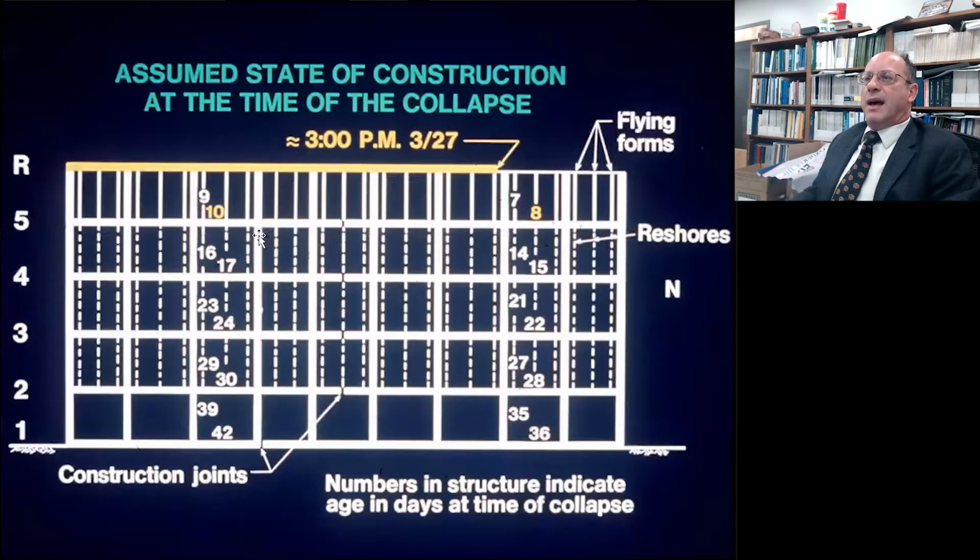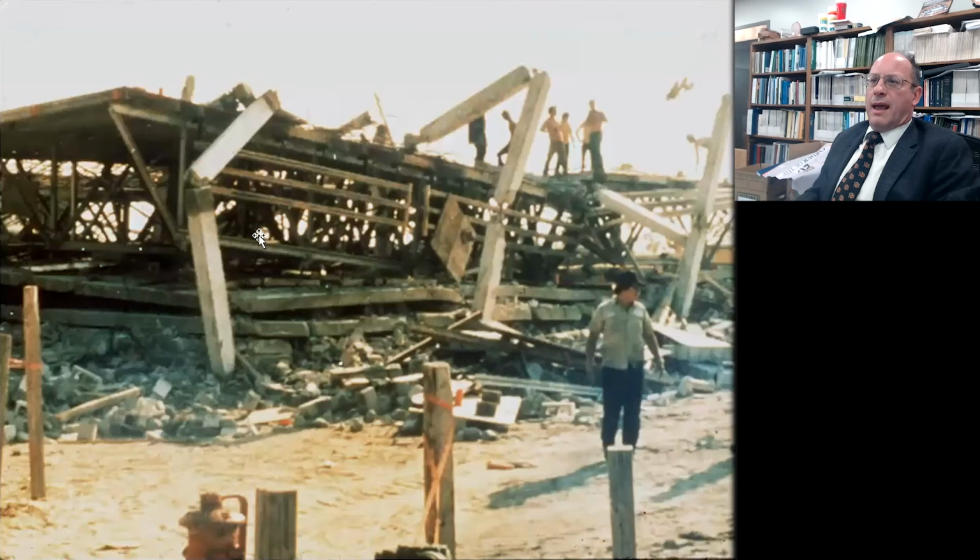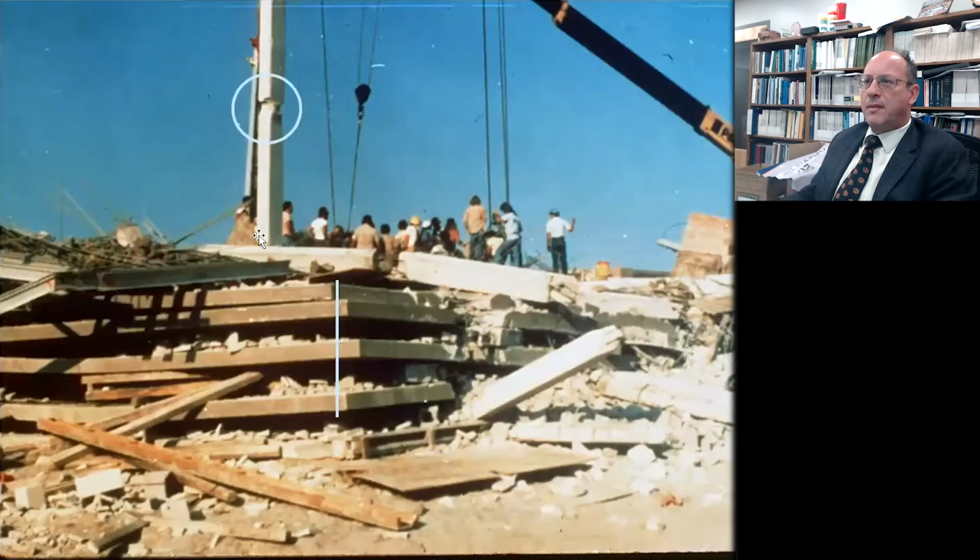And when the NBS investigated, they found that at the time of collapse, the first floor reshores had been removed, and at that point, the building was totally unable to sustain its own weight. And here is the wreckage showing one of the flying form systems in and among the columns.